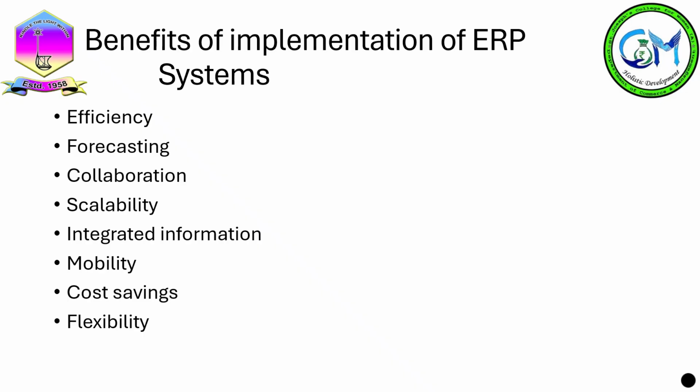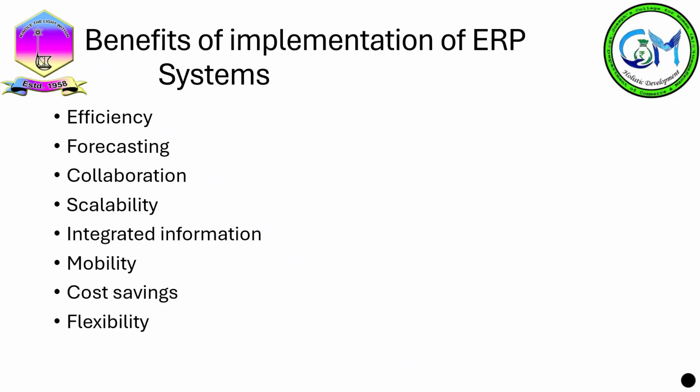Now we are going to discuss the benefits of implementation of ERP systems. The first benefit is efficiency. An ERP solution eradicates repetitive processes and significantly reduces the need to manually enter information. The system will also streamline business processes and make it easier and more efficient for companies to collect data irrespective of any department.